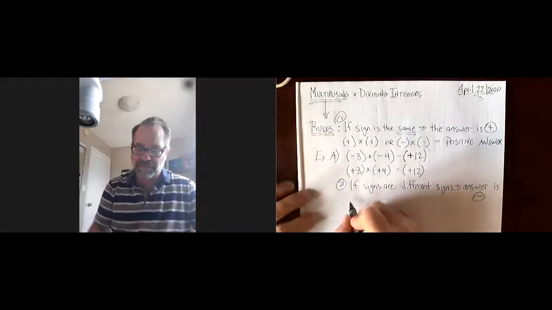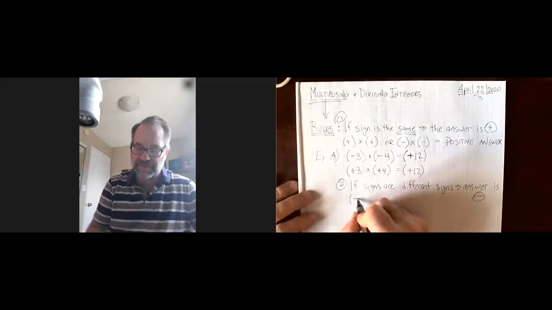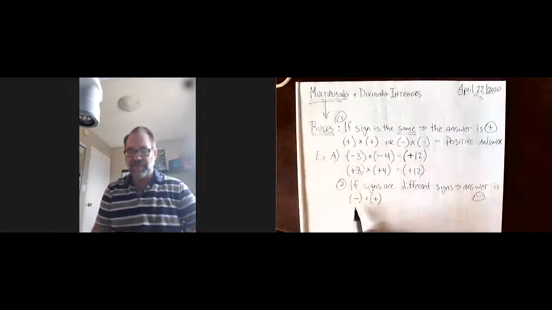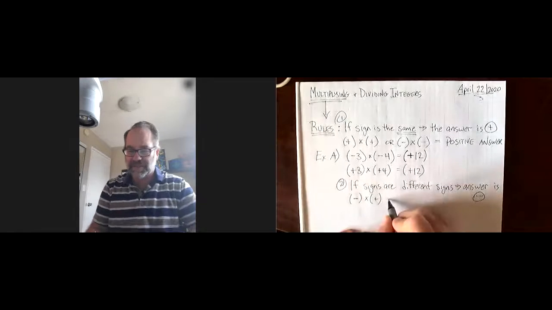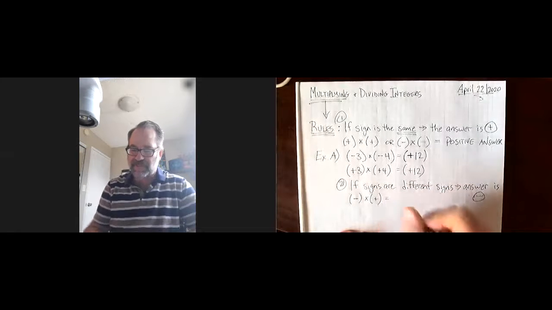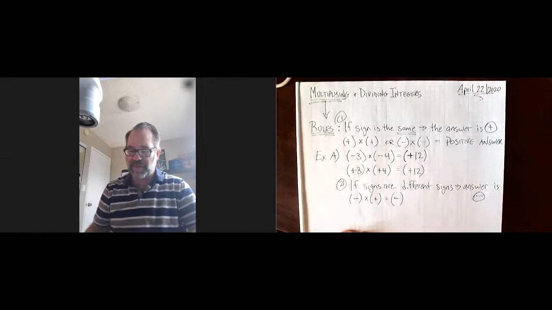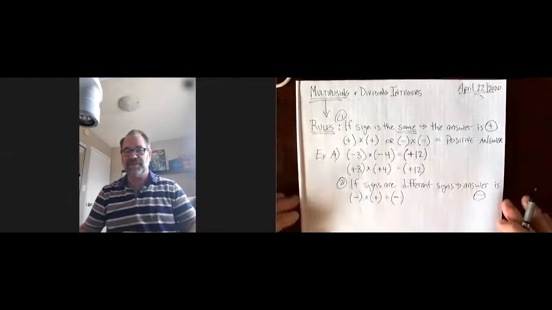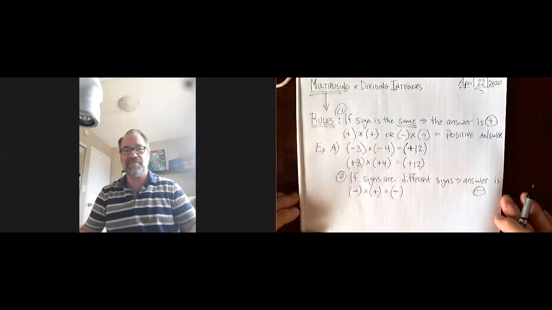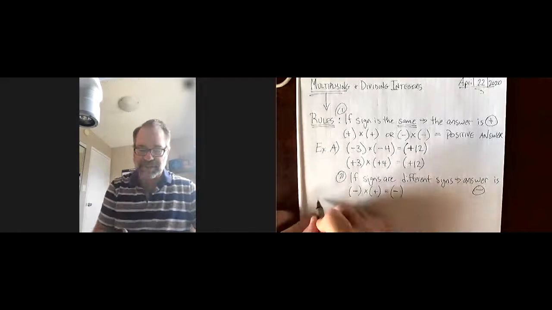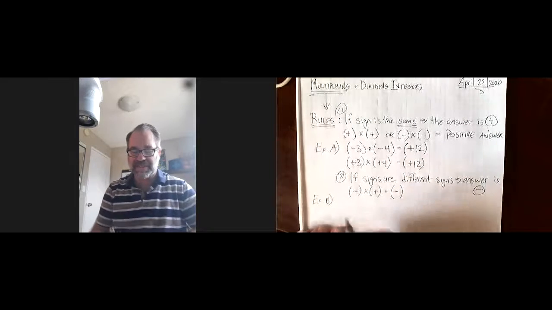So let's say you have a negative multiplied by a positive. These signs are different, so the answer will be a negative value. And the order doesn't matter. I want to fit this all on one page so that you can maybe pause your video and look at it. So example B is that case, and the order doesn't matter.